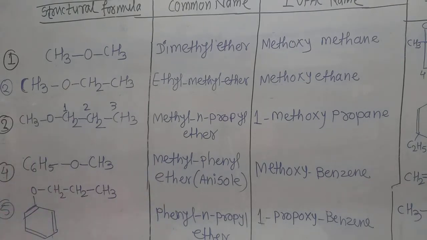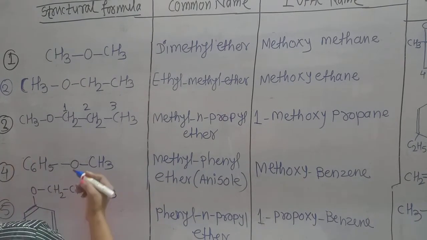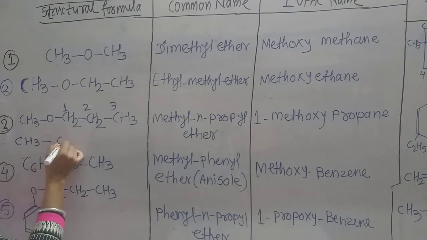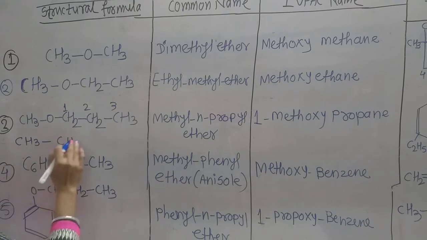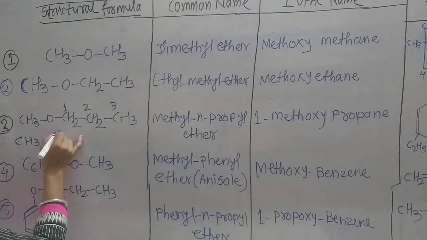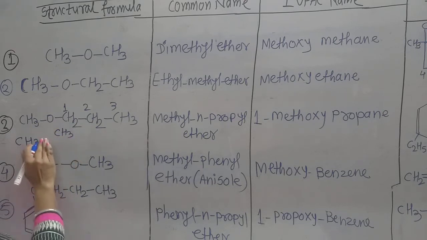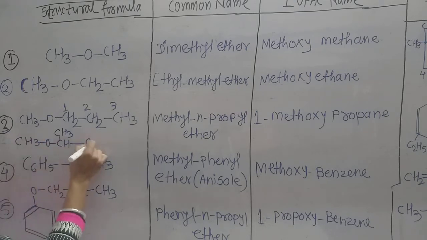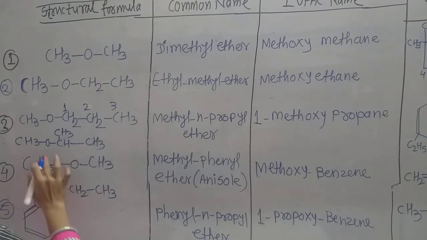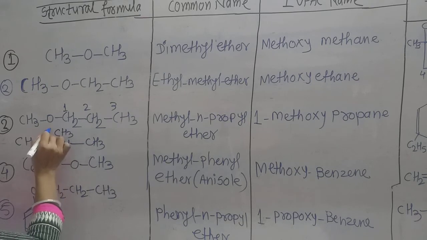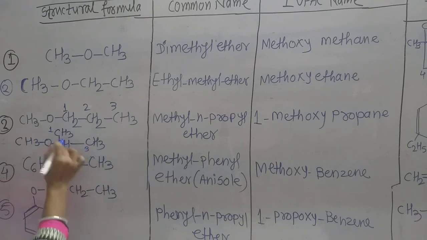For example, suppose the ether is such type: CH3, O, and then CH is there, and then CH3 is there in this way. Now see, this oxygen is attached to the second carbon because numbering is given in this way 1, 2, 3 in the straight line.